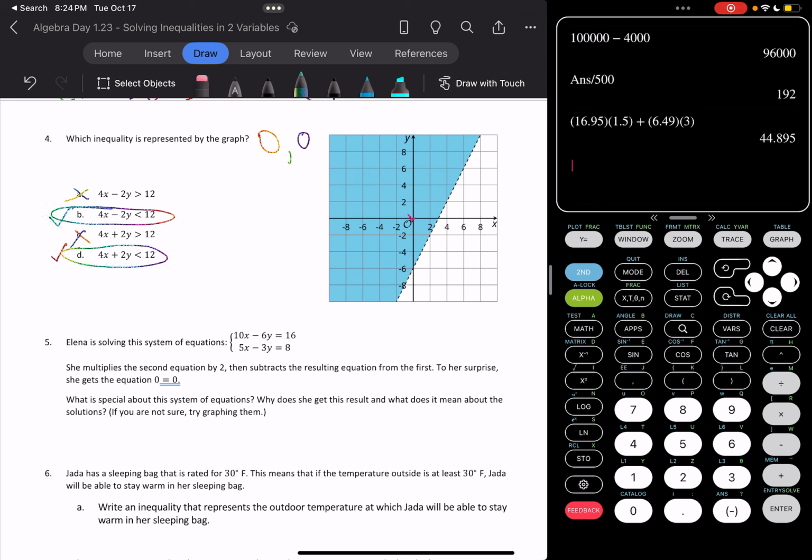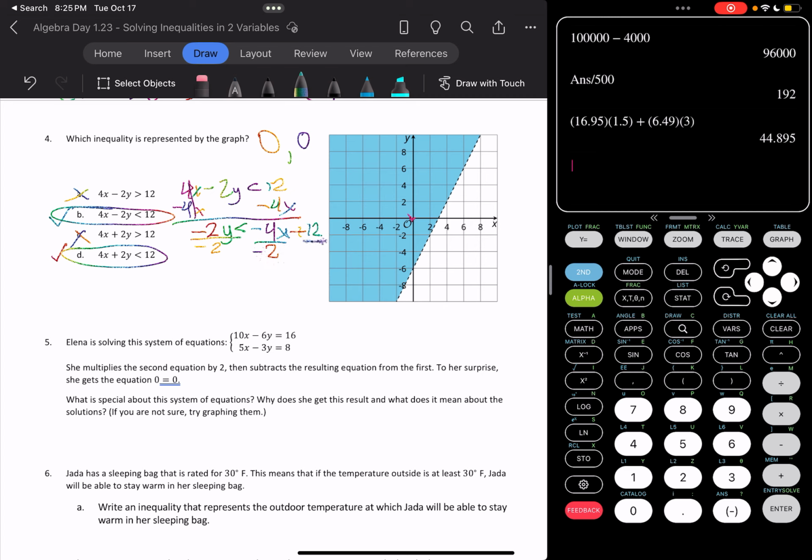But now we need to determine something about the slope here. So let's put this into slope-intercept form. This would be 4x minus 2y is less than 12. And if I subtract 4x from both sides, this is going to be negative 2y is less than negative 4x plus 12. We're going to divide both sides by negative 2.